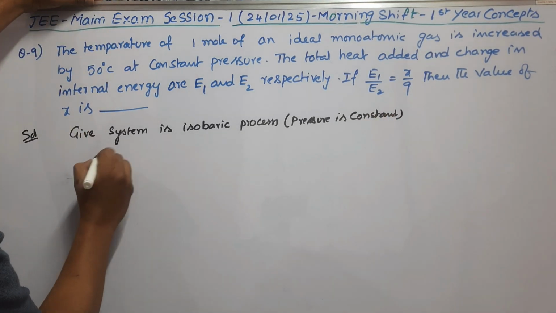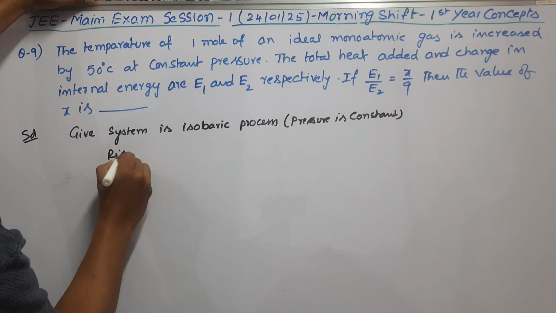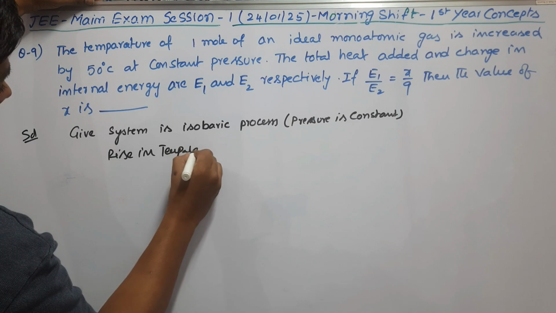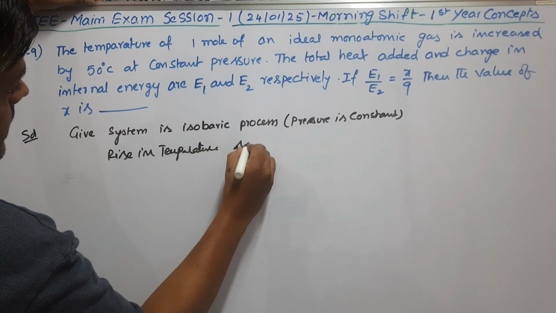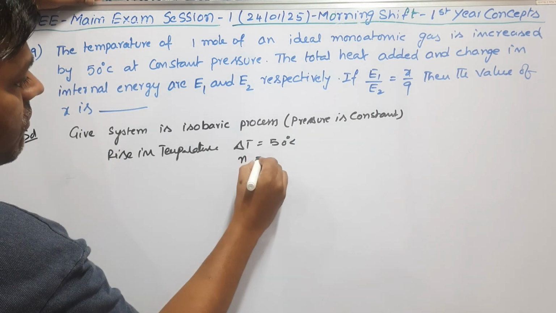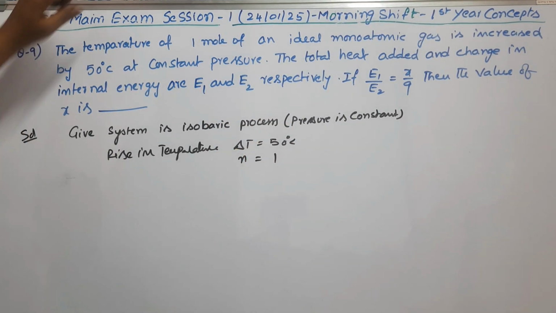So, the rise in temperature, delta T, is equal to 50 degrees Celsius. The number of moles of the monoatomic ideal gas is n equal to 1 mole.